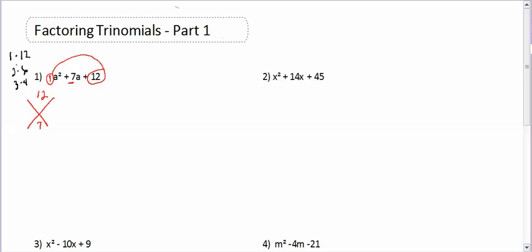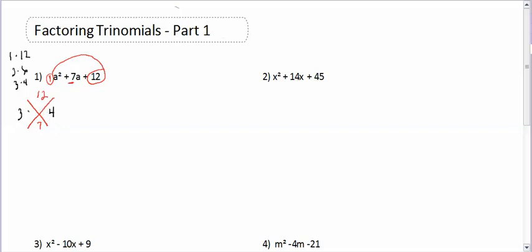So 12 and 1 is 13. That doesn't work. 6 and 2 is 8. Doesn't work. 4 and 3, 4, 5, 6, 7. Oh, 4 times 3 is 12, and when I add 4 plus 3 together, I get 7. So my numbers that are going to go on the side are 4 and 3.